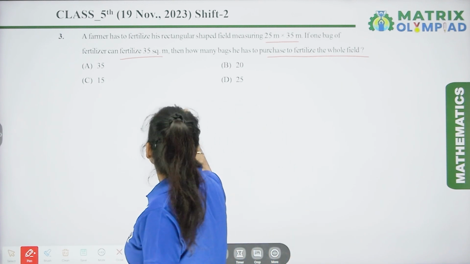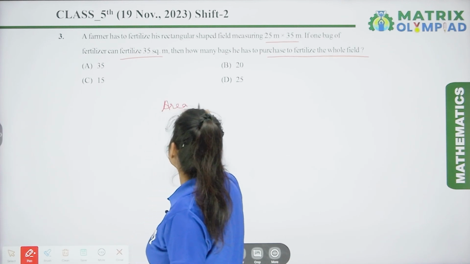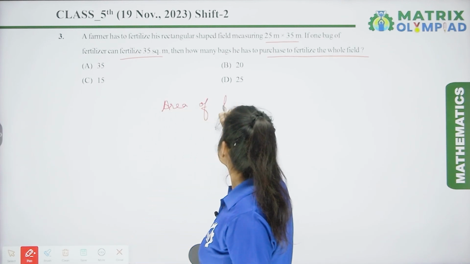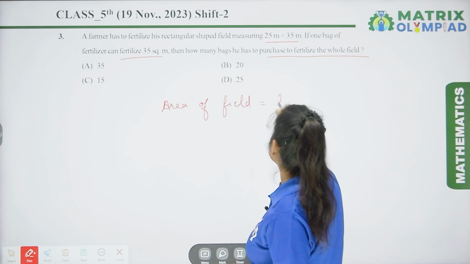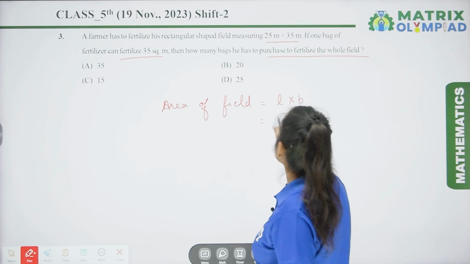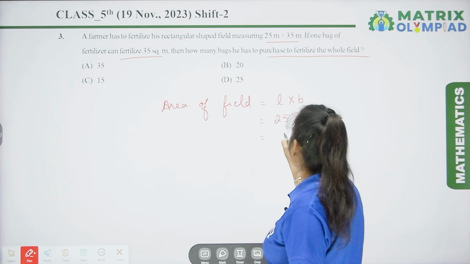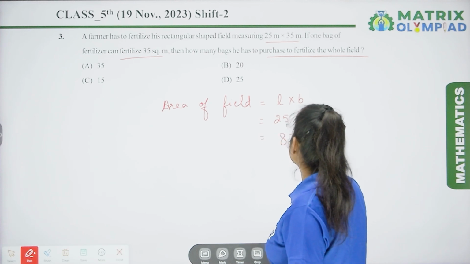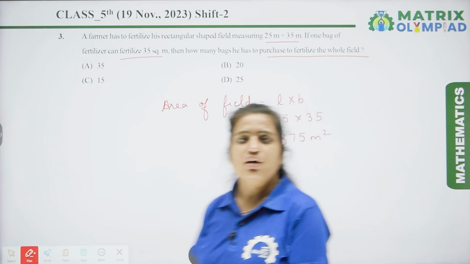So length and breadth of the rectangular field is given to us. Now we are going to find out the area of this field, that is equal to L multiplied by B, that is 25 multiplied by 35 meter, and it gives us 875 meter square. So this is the total area of the field.